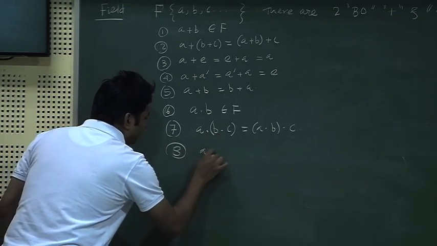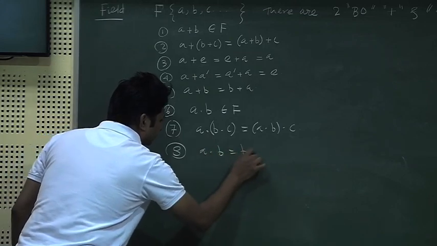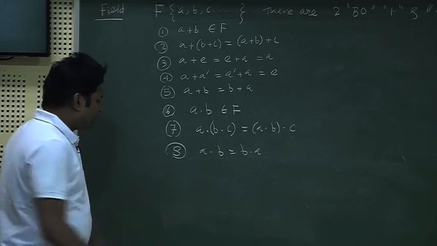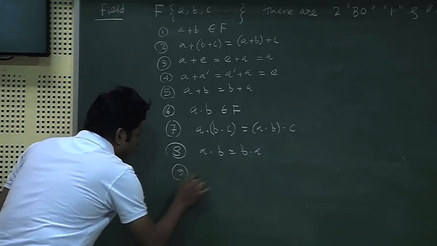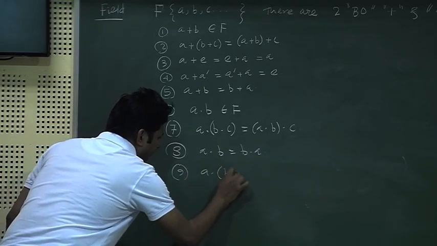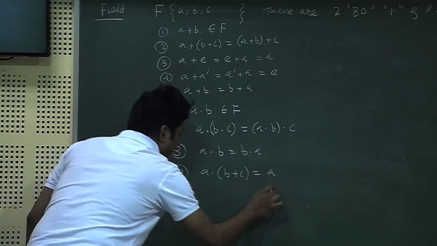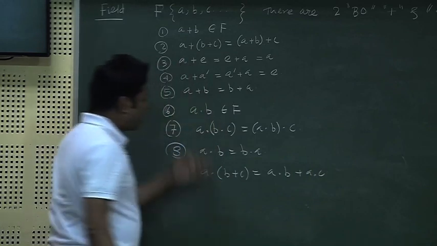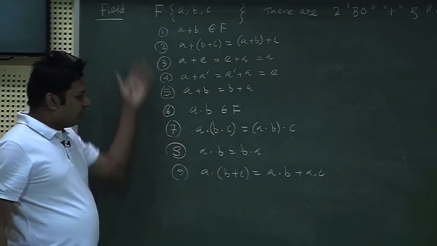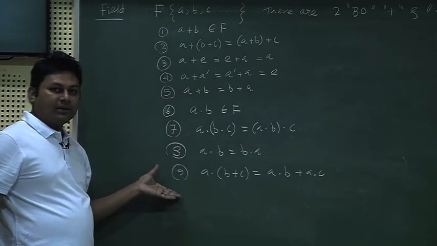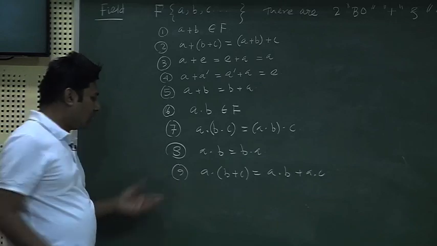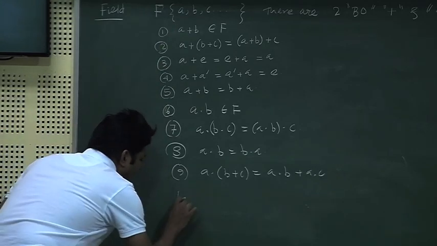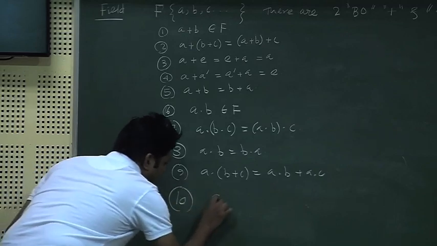They are commutative also, and I should also say they are distributive. So all the properties that a ring followed up to here, they are following the same things. So nothing new. The only thing is that in order to form a field, I have these things also.